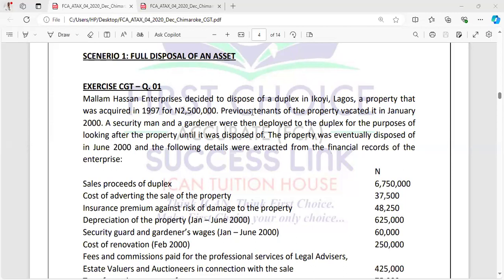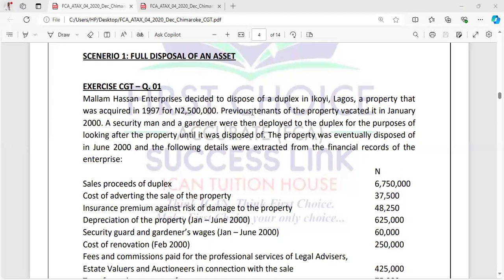capital gains tax. Now, the first one is what I call full disposal of an asset. Now, what it means is that you have an asset that you bought for a time and you sold the whole asset, everything.